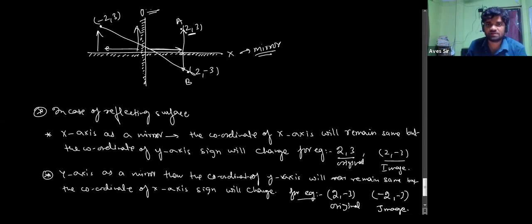Okay, dear students, in today's class we only discussed the concept of the distance formula, and we learned how to write the coordinates if we are considering the x-axis and y-axis as a mirror. We also learned where we can commit mistakes, and whether our answer is correct or not.